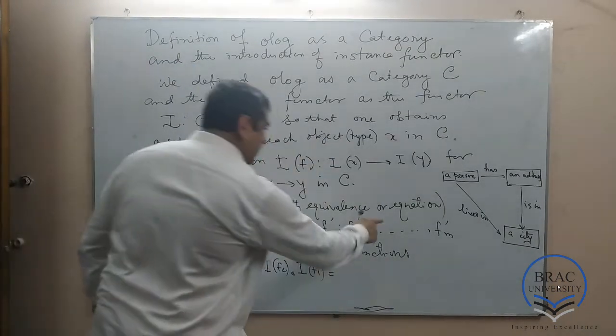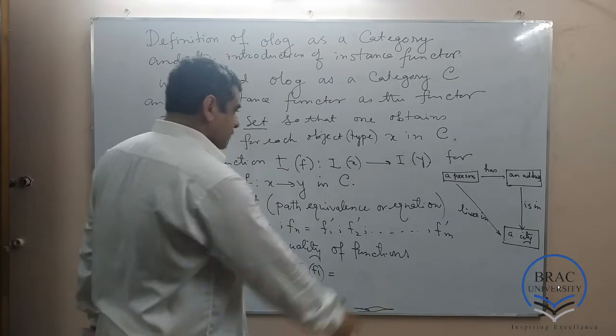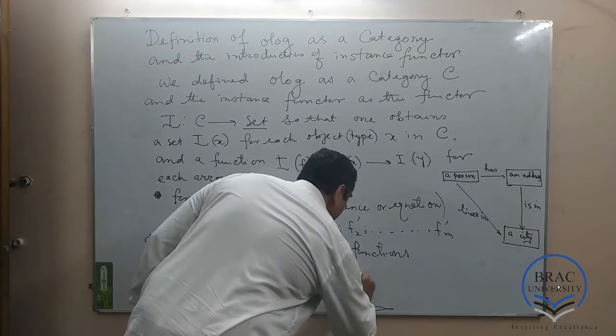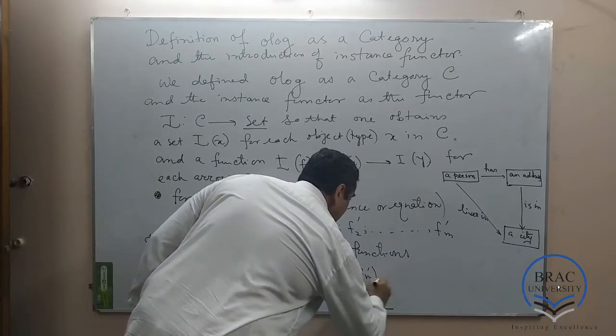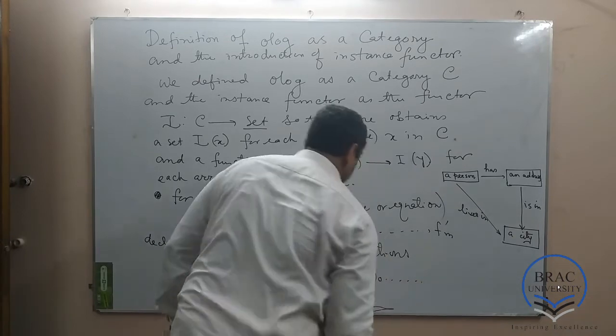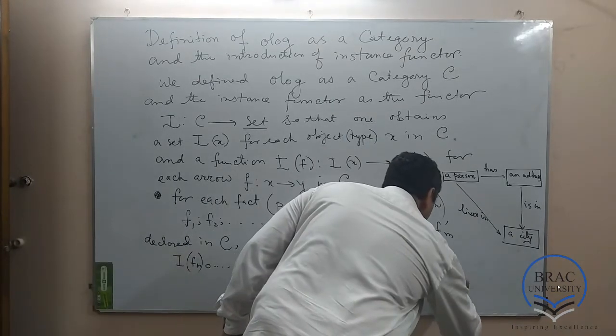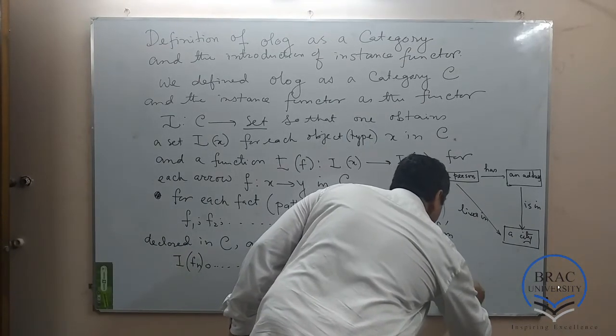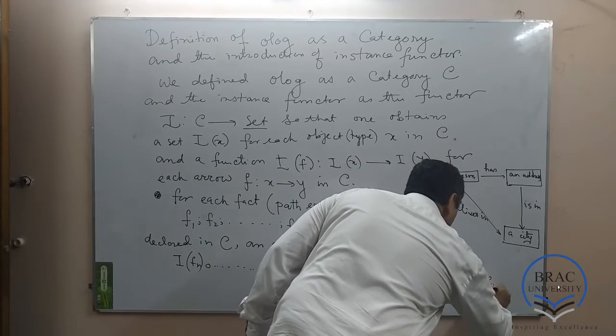Equal, similarly here: first comes Ifm prime, composed all the way up to If2 prime, followed by If1 prime.